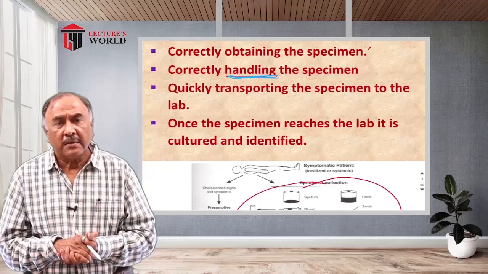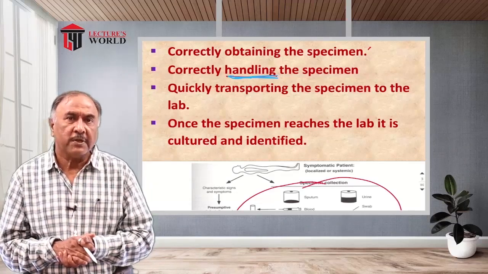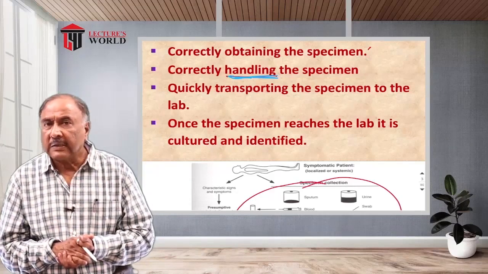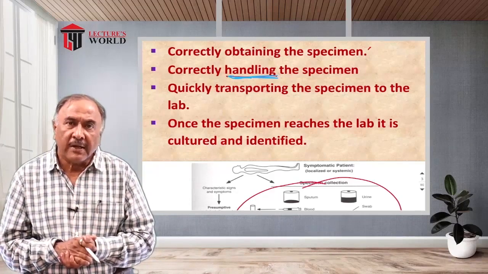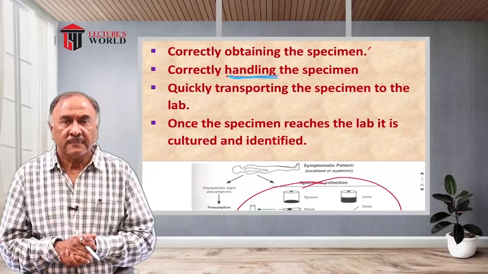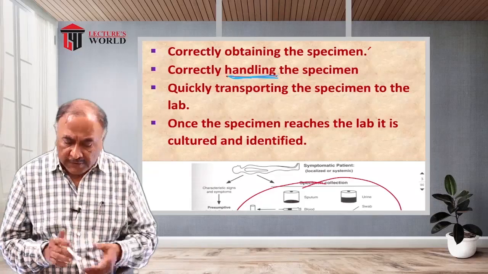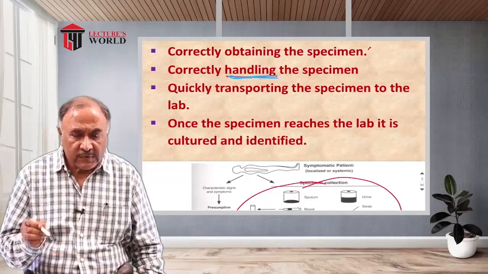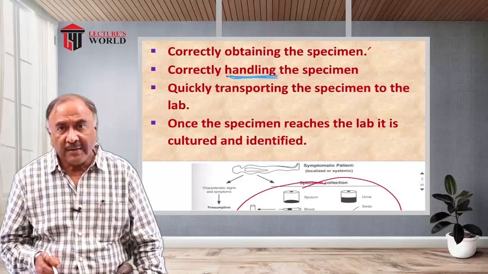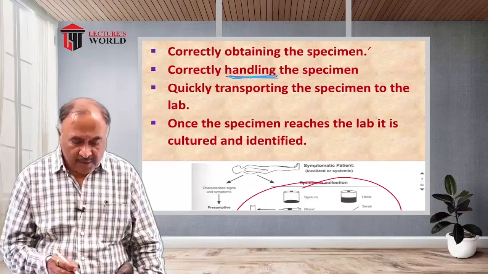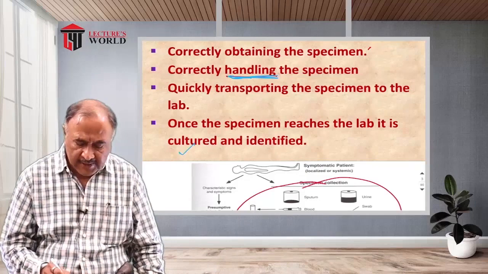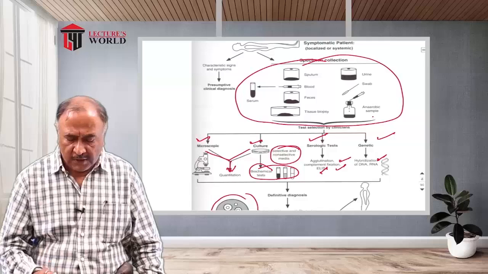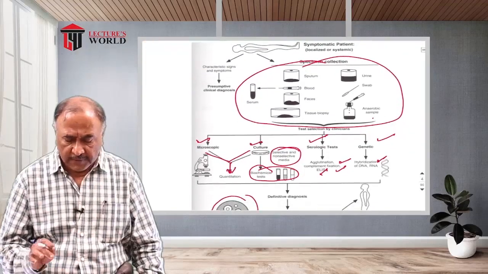And third, the sample should be transported at the earliest to the analytical laboratory. So that is the transportation. Now, once the specimen reaches the laboratory, then the last step that will be followed is that it is cultured and then identified. So this is how the process works.